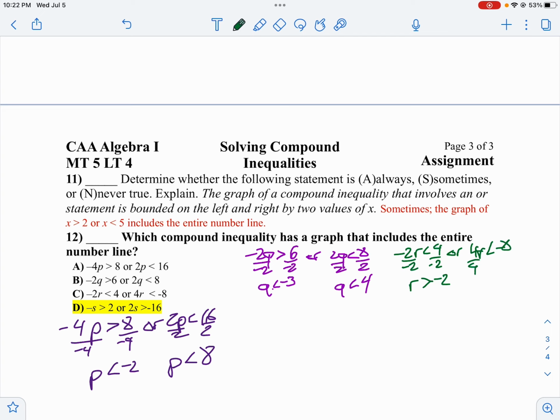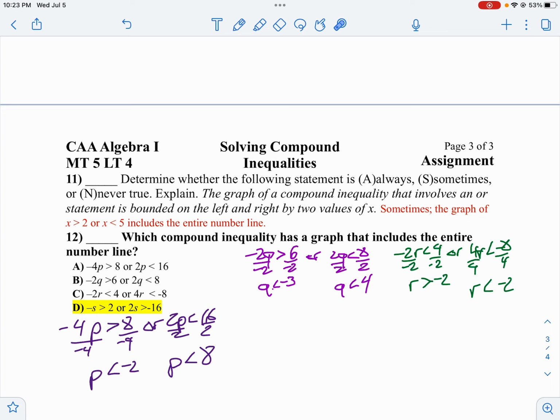So I divide by 4. R is less than negative 2. Now, at least we've got them going in the opposite direction. But notice neither one of them includes negative 2. So it's the whole number line except negative 2, but that doesn't answer my question.